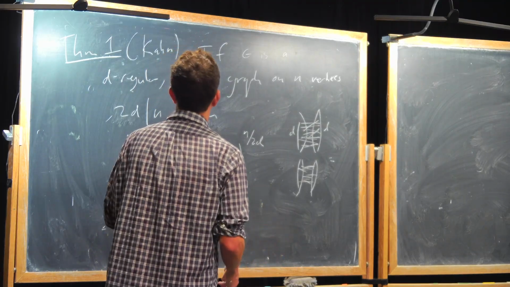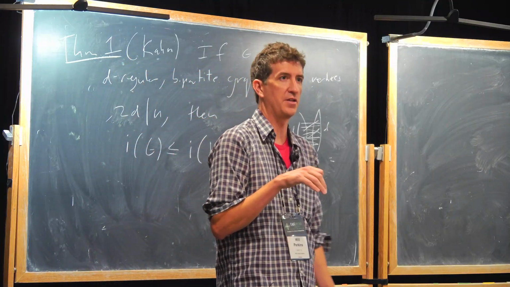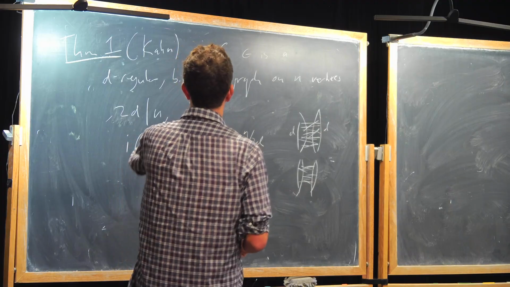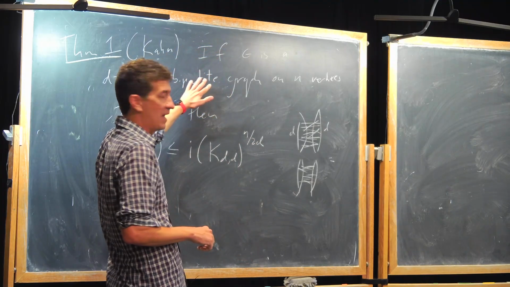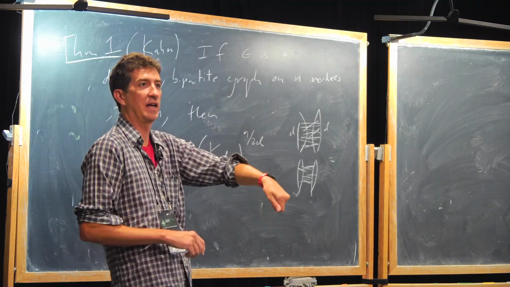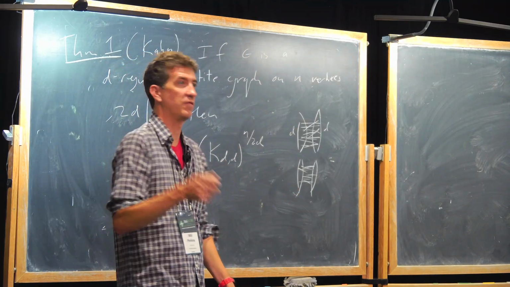There are some extensions. Prasad Tetali and David Galvin and then Yufei Zhao both extended this theorem. And you can get rid of the restriction on bipartite. And then you can also talk not just about counting independent sets, but about this weighted count, the hardcore partition function.